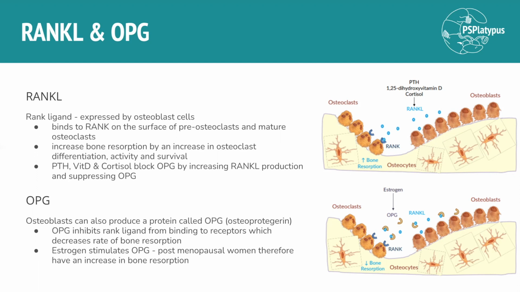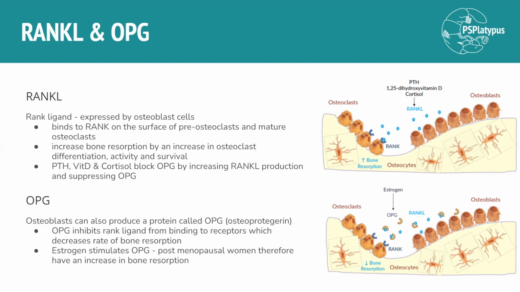How exactly this happens is that RANKL, which is produced by our osteoblasts, binds to RANK, which is a receptor found on our osteoclasts, which increases the production and maturation of our osteoclasts, therefore resulting in increased bone reabsorption.